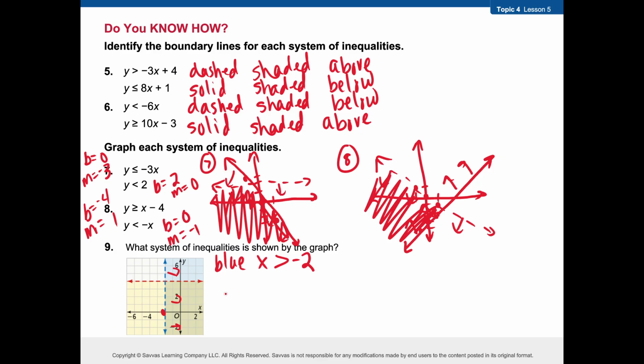Numbers to the right of -2 are greater. Red, it's a horizontal line. y is something, it is crossing 4. It is dashed and it's shaded below, so less than. So x is greater than -2 and y is less than 4. And that is lesson 4-5.